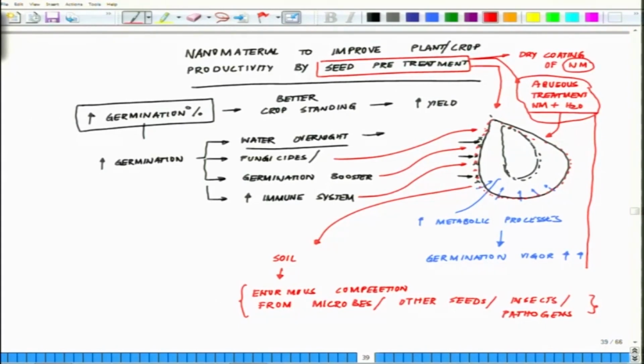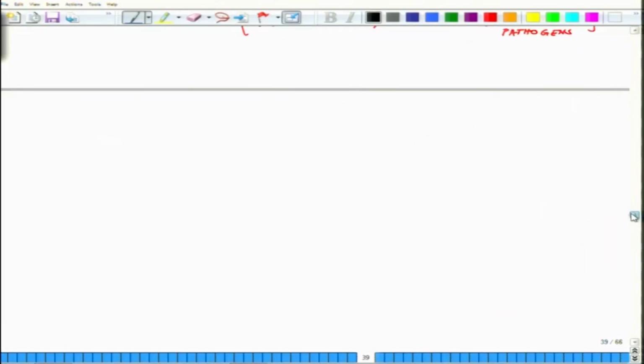Now, today I will be sharing one of the stories of this second treatment, aqueous treatment, where nanomaterial plus water and where it acts. So, our first journey will be with one of the metal sulfide nanomaterials.